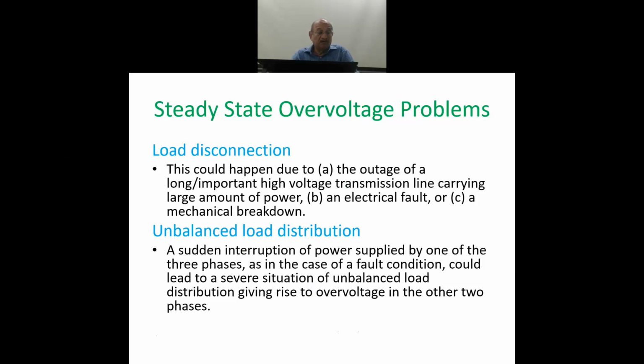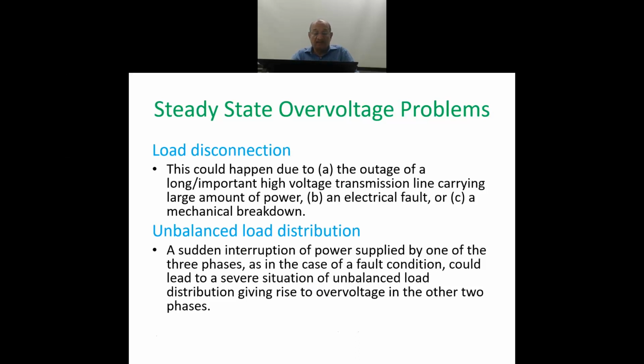Suppose most of the systems, as I said, are three-phase systems. Suddenly, one phase has to be taken away. There is no power being supplied in one of the three phases, while two phases continue to supply power.